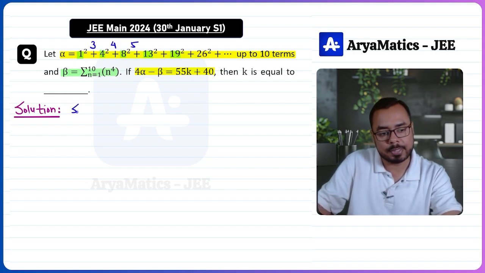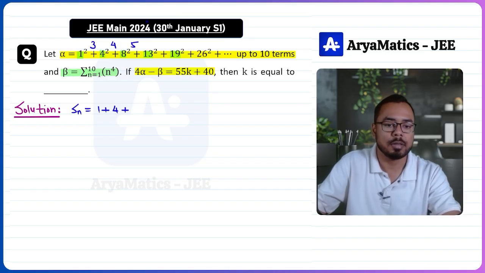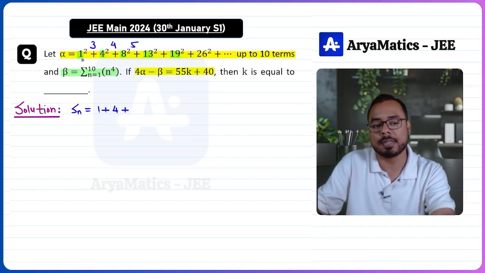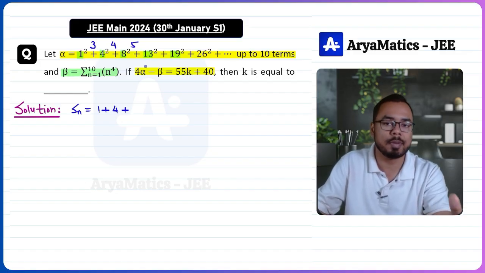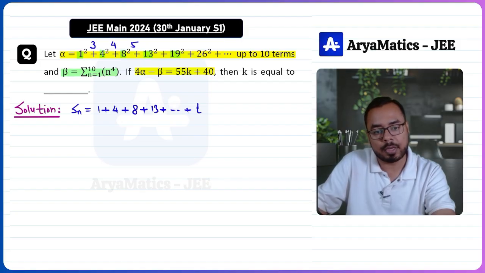So the general method is that let us say Sn is 1 plus 4. Remember, we are trying to find the general term without that square sign, right? So we are trying to find the general term of this sequence 1, 4, 8, 13, and so on, and then we'll square that one, right? So 1, then 4, 8, 13, and in this manner it will continue up to Tn.